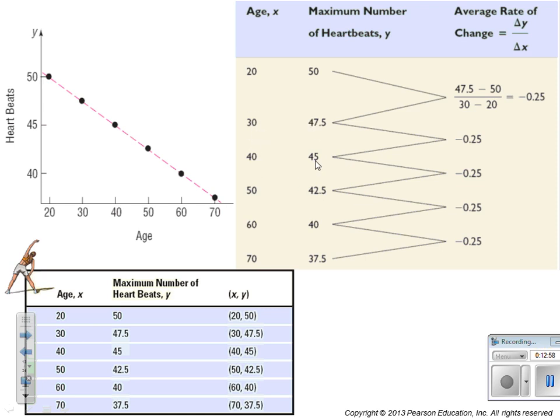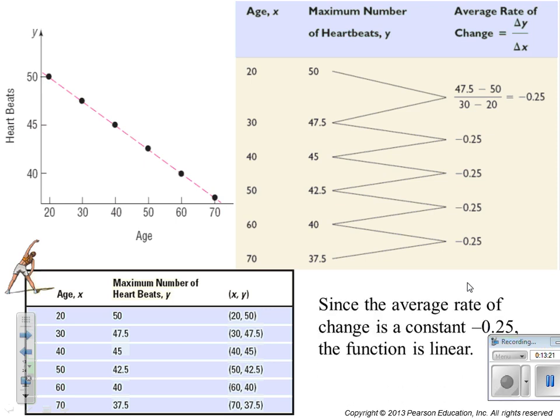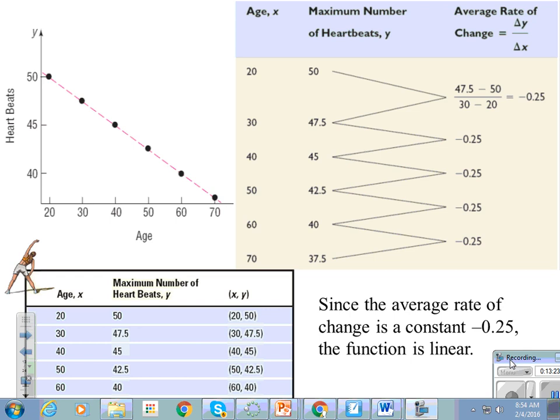So 2.5 divided by 10 is going to give us 0.25 for each of our delta y over delta x. So because our average rate of change is constant, we can say that this is a linear function.